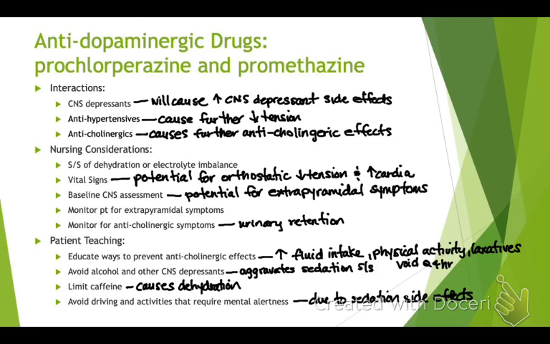You want to have a baseline CNS assessment, so when you're assessing for those extrapyramidal symptoms, you know what their baseline CNS assessment is. You want to monitor patients for extrapyramidal symptoms, and again, monitor your patients for anticholinergic symptoms, especially urinary retention.